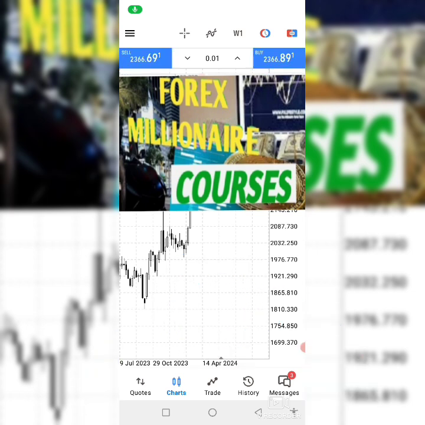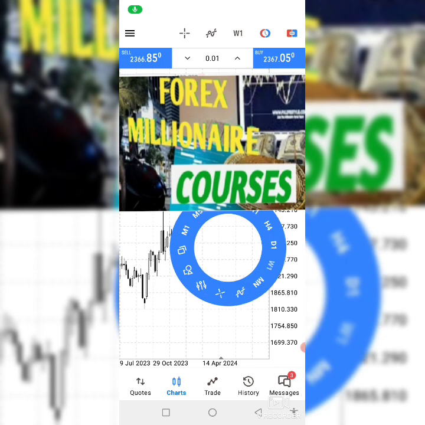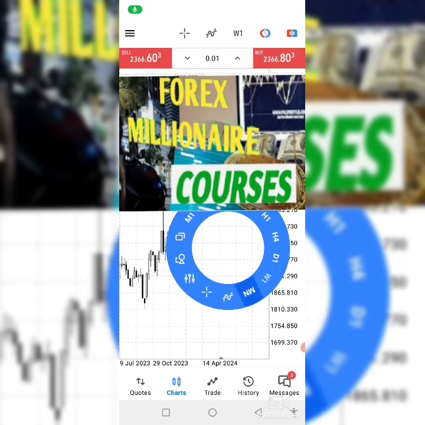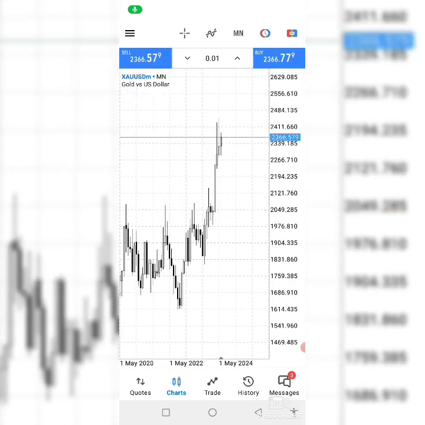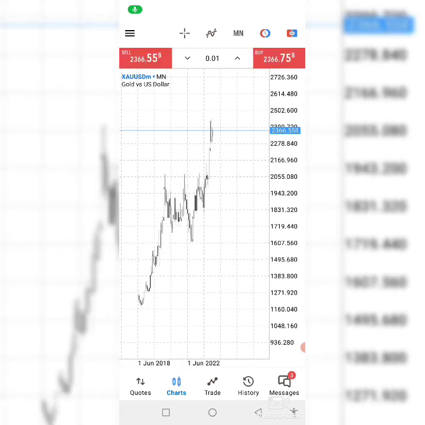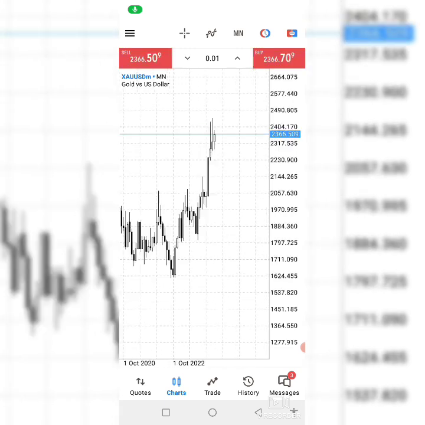So remember the topic: knowing the value, direction and entry. Right now I'll go to the monthly time frame. When I go to the monthly time frame, what are you seeing here?